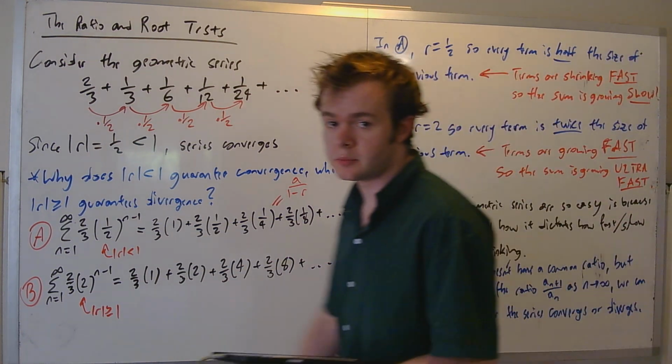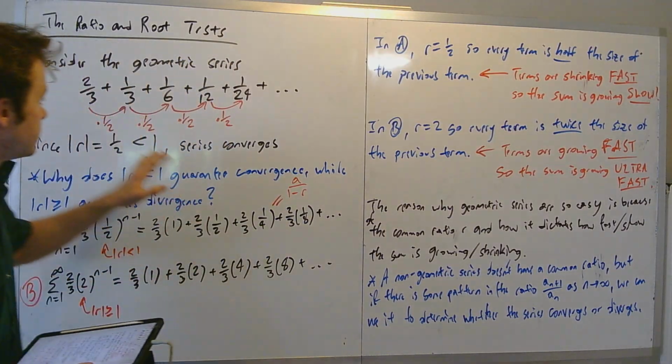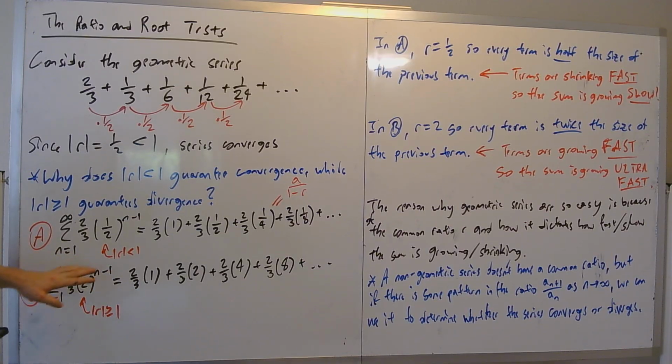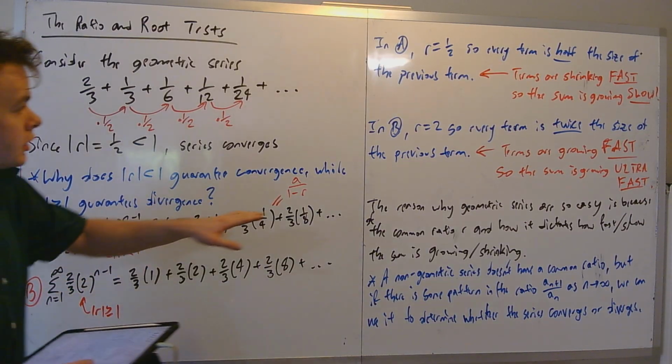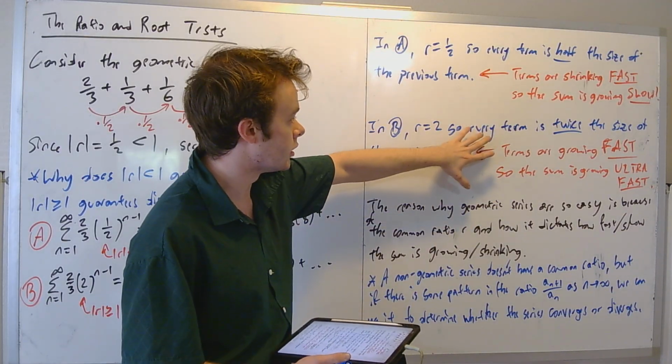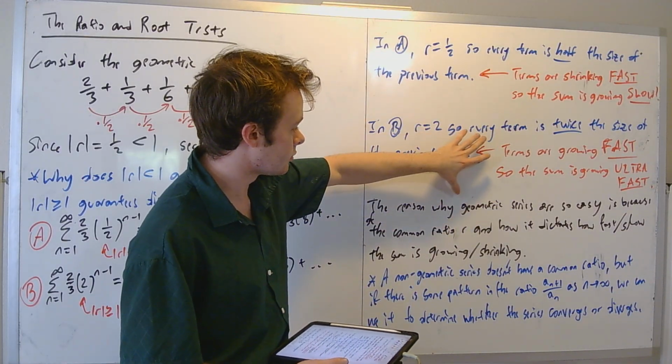Right, so the takeaway here is geometric series are very nice to work with because they've got this common ratio that dictates exactly how they work, and you can say exactly whether it's going to converge or diverge just based on that, based on analyzing that.